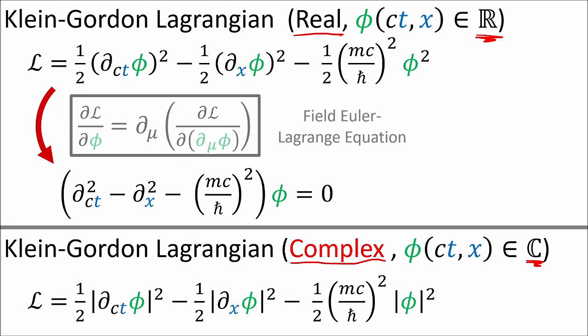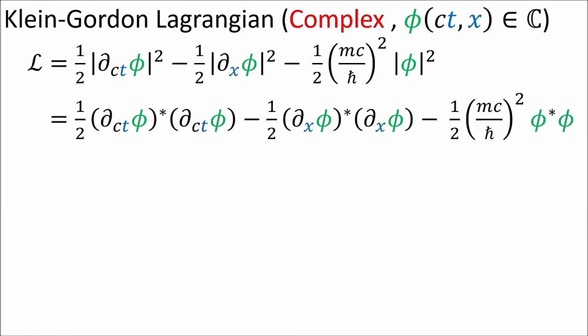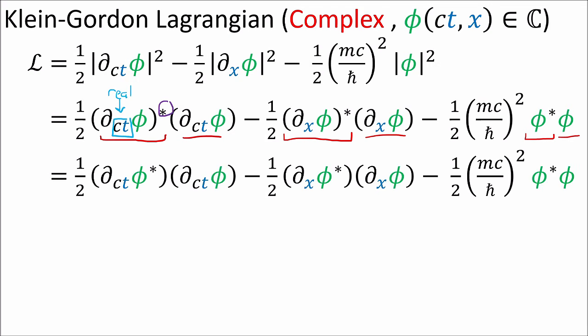In this Lagrangian, instead of squaring the terms, we take the squared magnitude of the terms. This means each term in the sum involves an expression times its complex conjugate. For the derivative terms, since the variables we are taking derivatives with respect to are real, they are not affected by the complex conjugate. So the star can just be moved to phi.